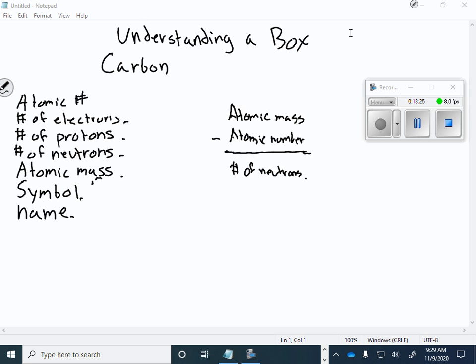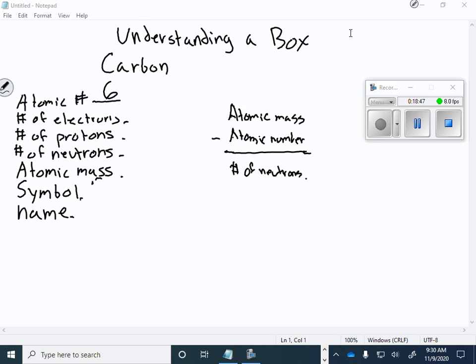Yeah, good, Braxton. Top number is always the atomic number, okay? So atomic number for carbon is 6. The top number on any periodic table is always the atomic number. So you just have to remember that atomic number is the number on top, okay?